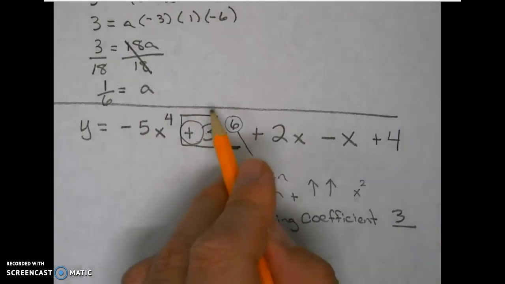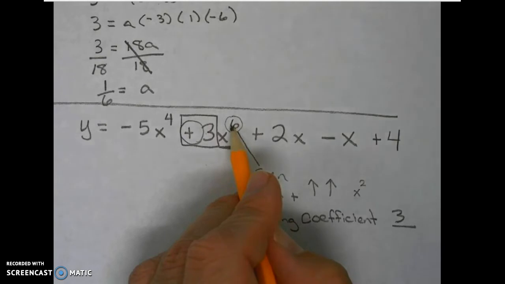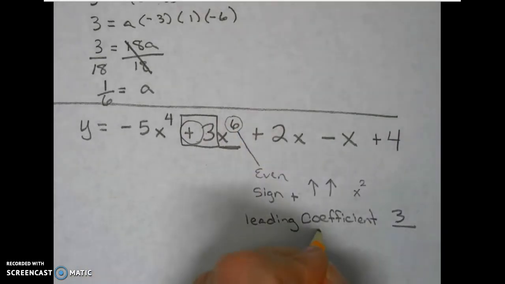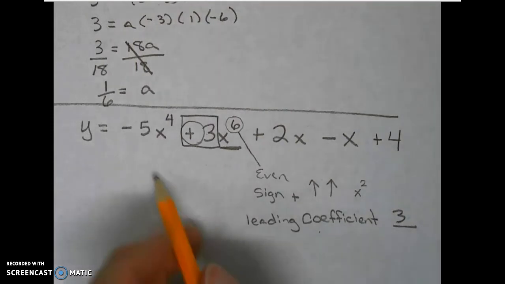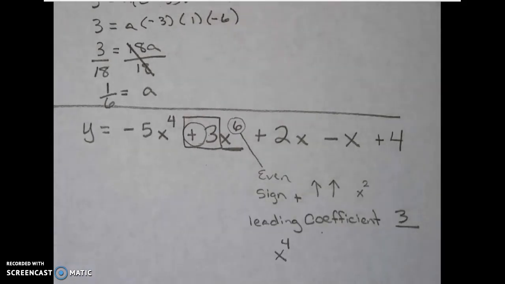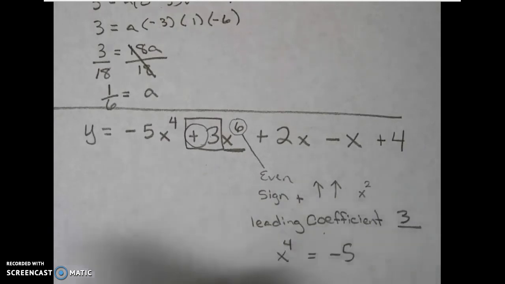It's got to be the coefficient on the degree term. So if I want the coefficient on the fourth power term, so what is the coefficient on x to the fourth? That would be negative 5.